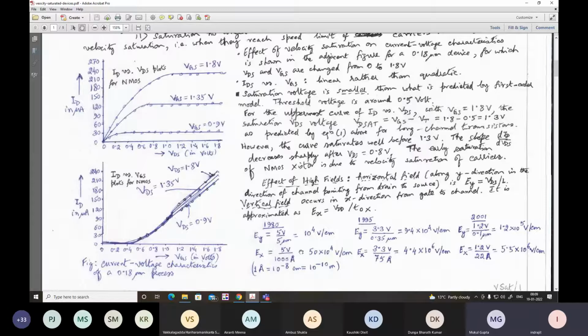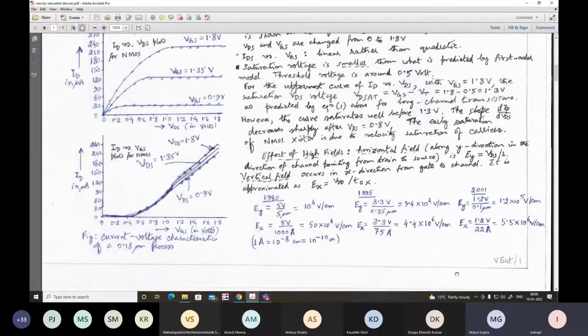Now this will happen probably as a constant field scaling, we can say. As the thickness or the dimensions are coming down, obviously if the voltage remains the same, constant voltage scaling, the field value will definitely increase.